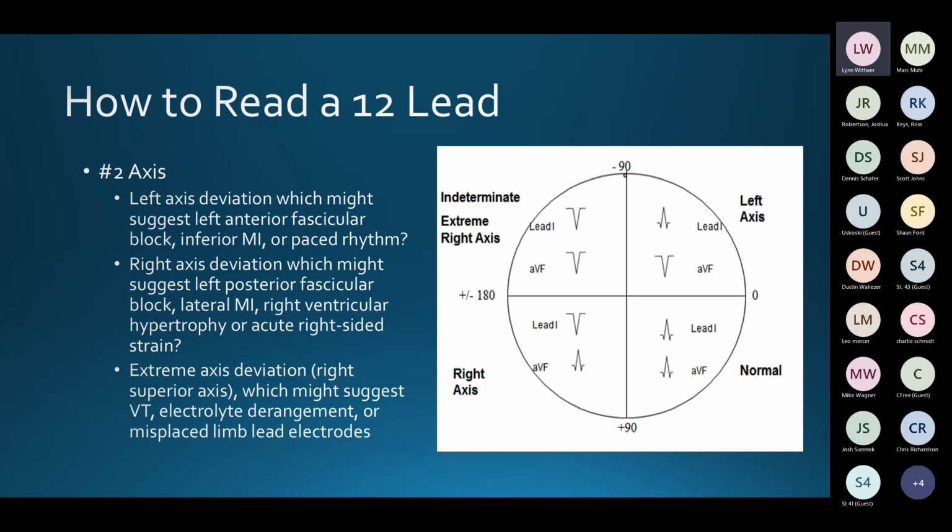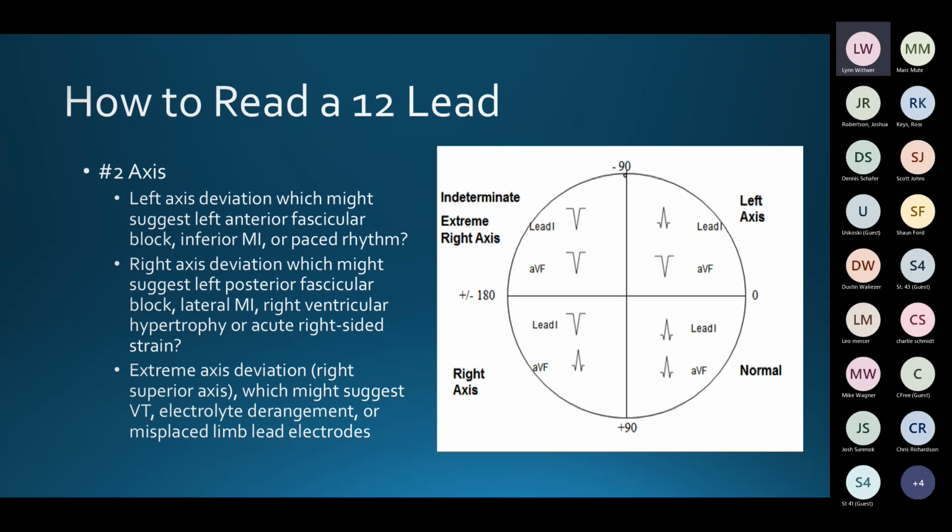If it says it's 0, or 45, you know it's normal, or even 90 is normal. If it says the axis is plus 120, then you know that it's a right axis. And extreme right will also tell you if it's somewhere between minus 120 and minus 180. So all you have to do is know where those things are.